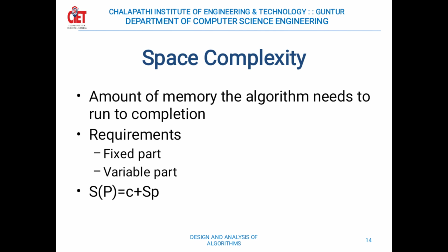S_P represents the size of the variable part. So a change in S_P causes a change in S(P). That means a change in the space required for the variable part also changes the space required for the algorithm. So the space complexity of an algorithm varies with respect to variation in the variable part space requirement.